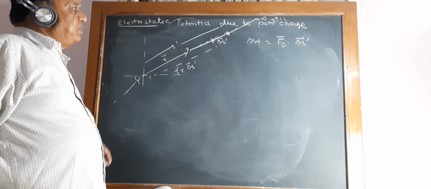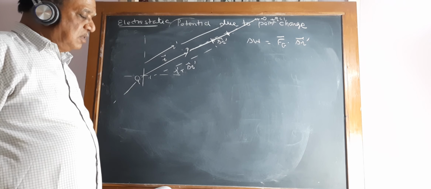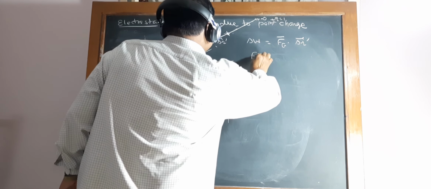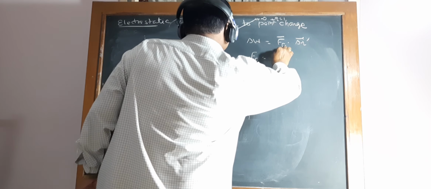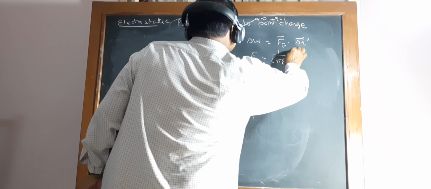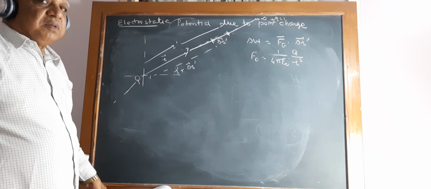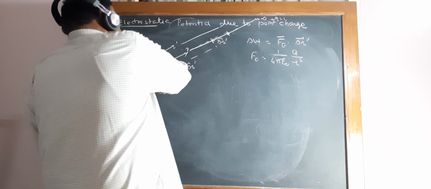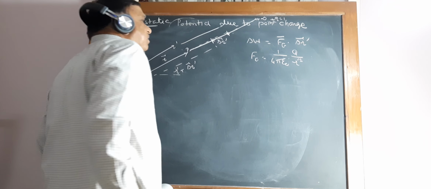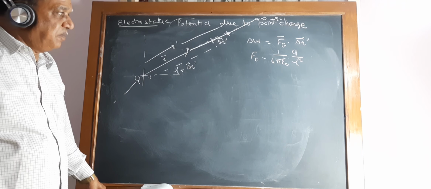But Fe, force on a point charge at that point is 1 upon 4 pi epsilon 0 q by r square. But for position r dash, we can write 1 upon 4 pi epsilon 0 q by r dash square.